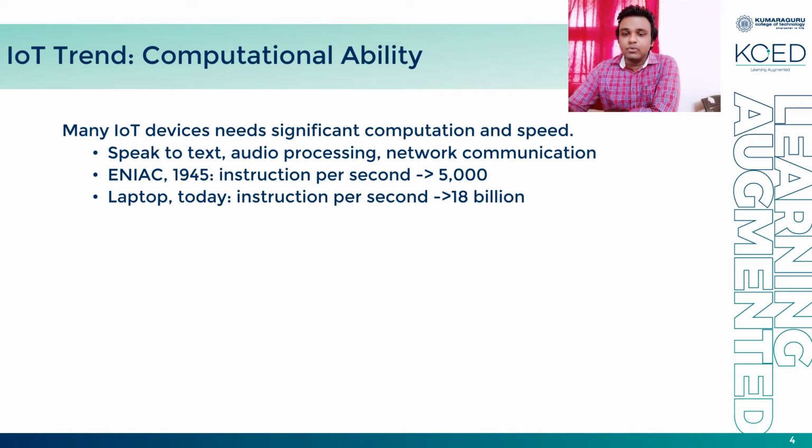The old ENIAC of 1945 executed around 5,000 instructions per second, but nowadays billions of instructions get executed per second. That's the trend in the computational ability of computer systems.